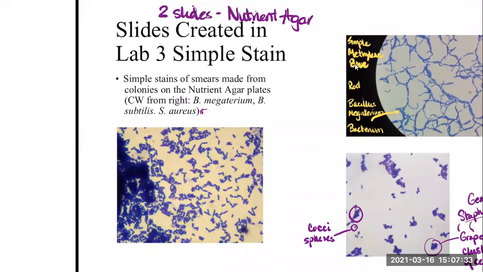This one here, these small rods, is actually Bacillus subtilis. So small rods, that's Bacillus subtilis. Okay, so that is typical of simple staining using methylene blue on those three organisms.